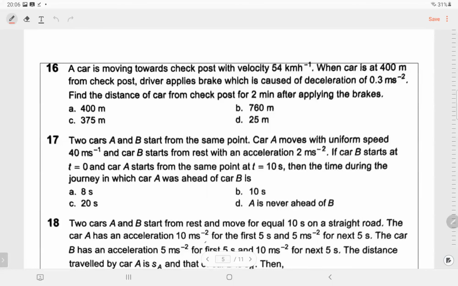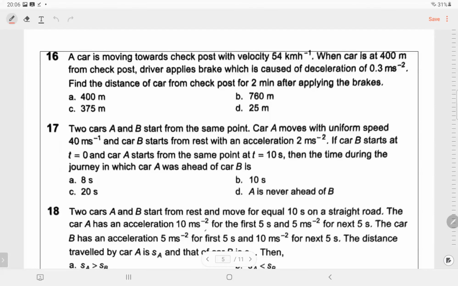Okay, so that's simple. From the 400 meter distance we will subtract the distance that it has covered. Calculate. Let's solve question number 16.